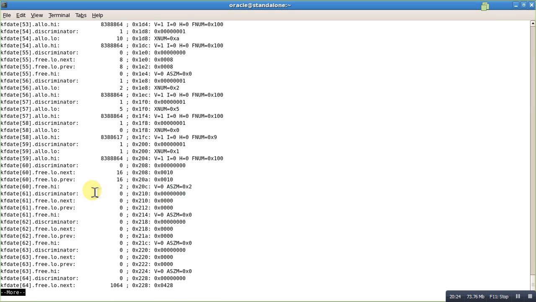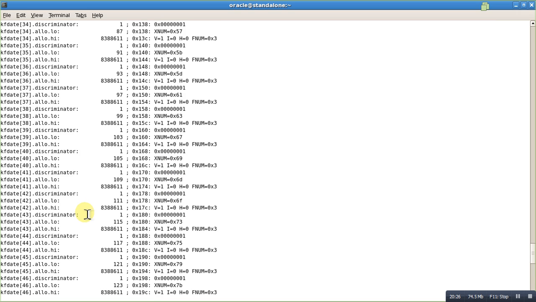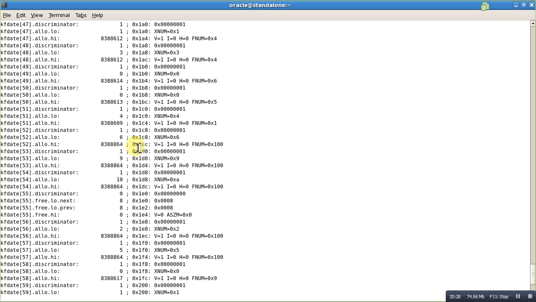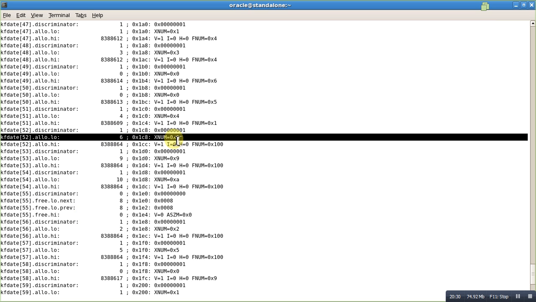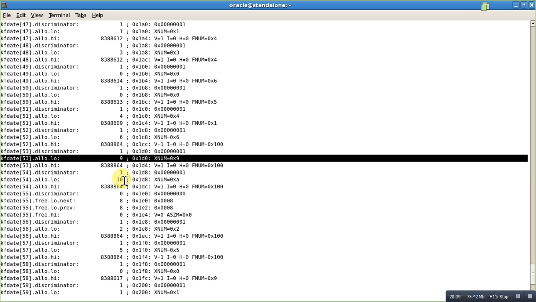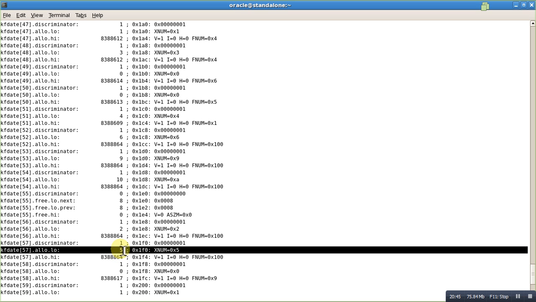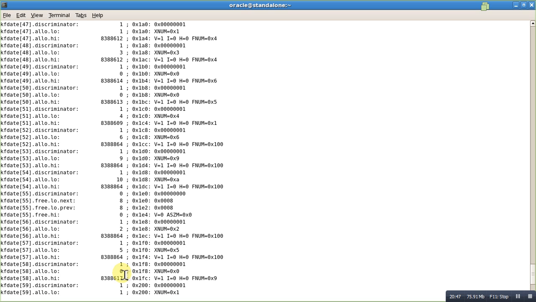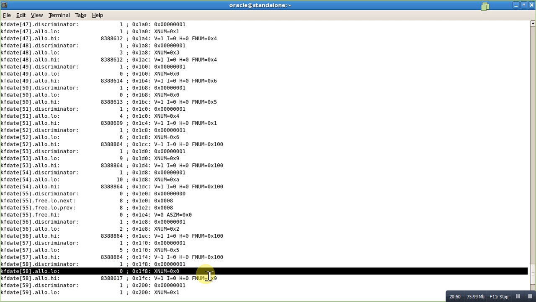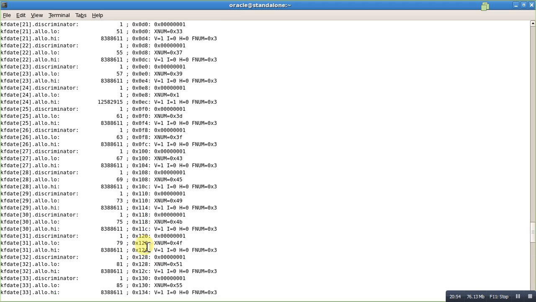Extent number 6, file number 256, is on disk 0. And similarly we also have extent number 9, extent number 10, extent number 5 and extent number 0.